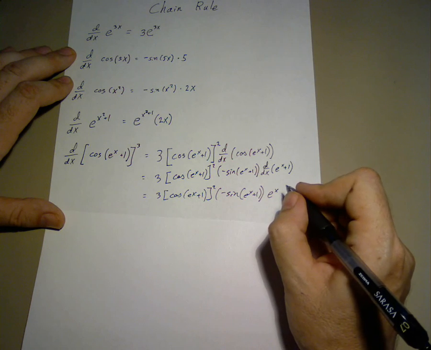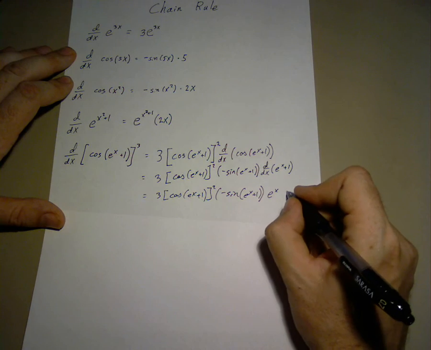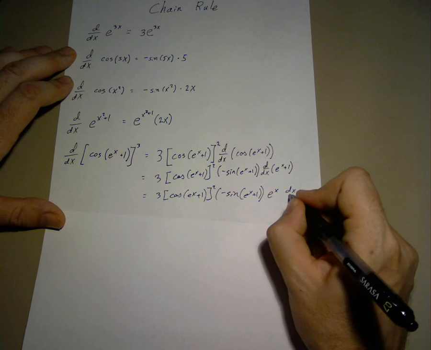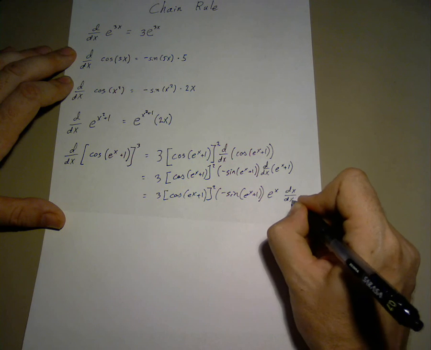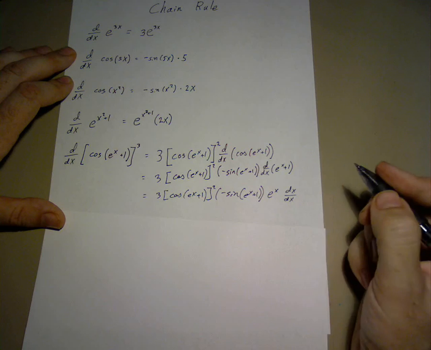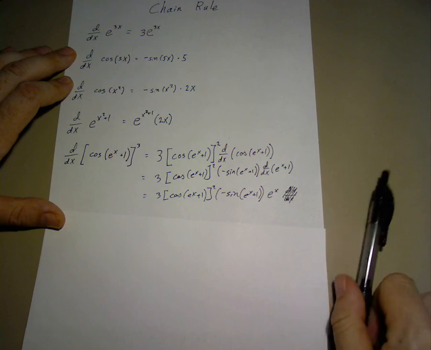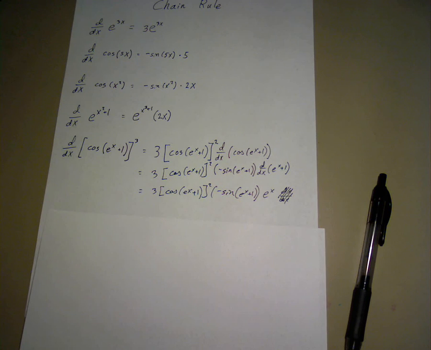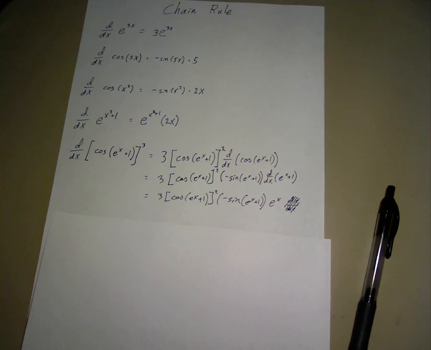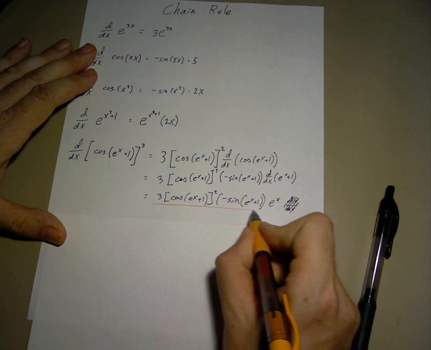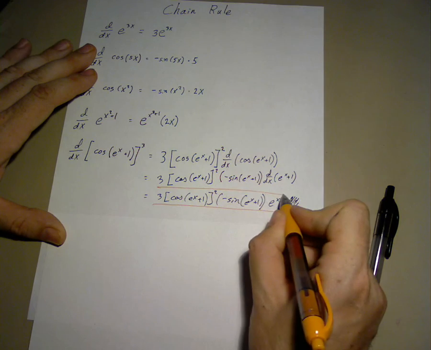If you wanted to be pedantic, we would next say the derivative of x is dx/dx, but that is simply 1, and we can ignore it. In which case, the correct derivative is this right here.